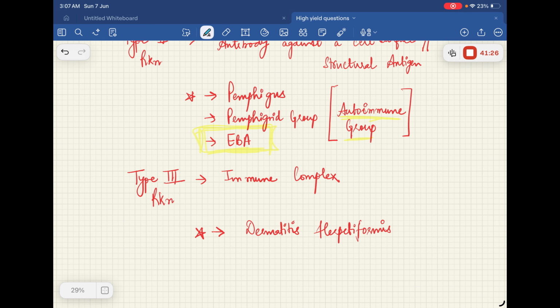Remember which immunoglobulin is deposited in dermatitis herpetiformis? It was IgA. So IgA immune deposits occur here and immune complex is formed. So type 3 reaction.